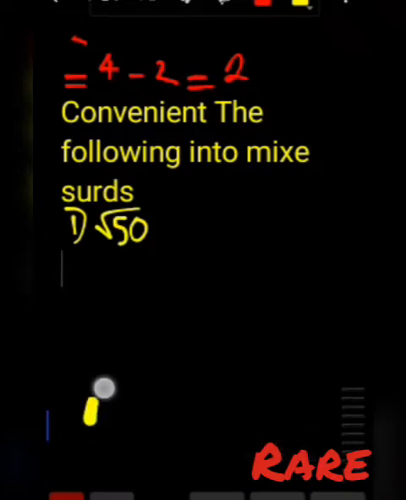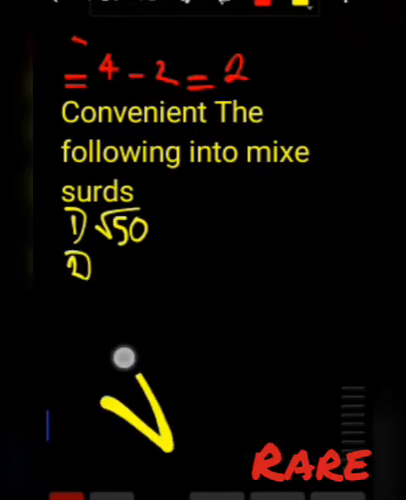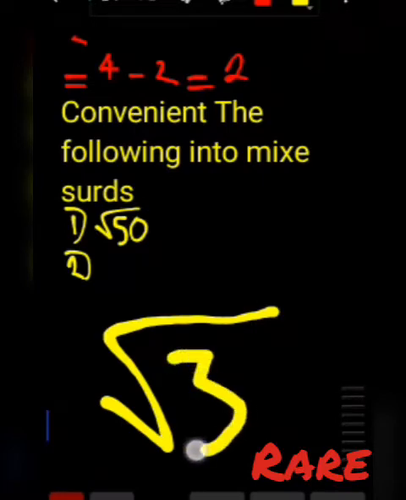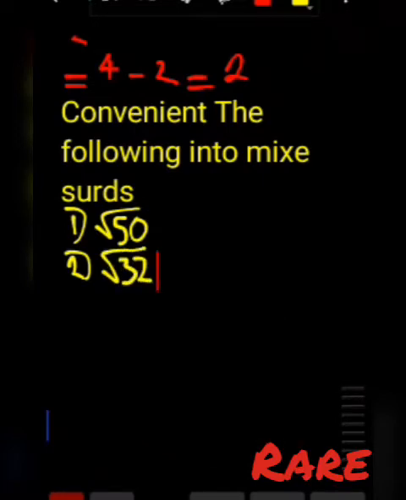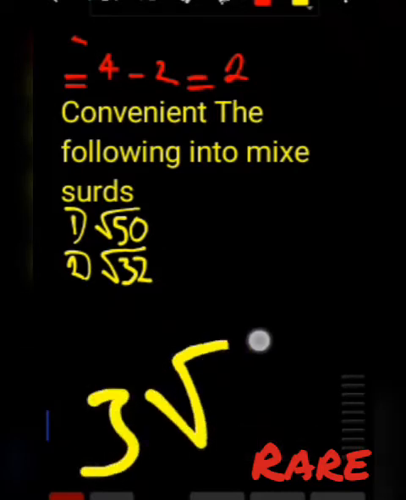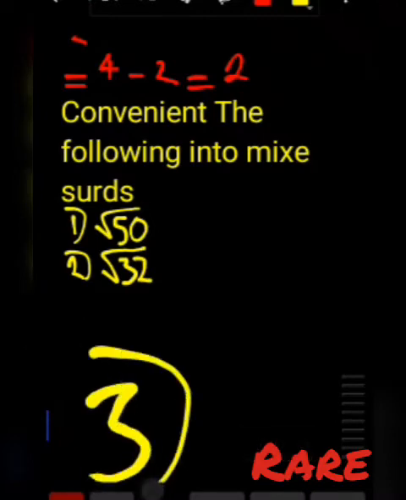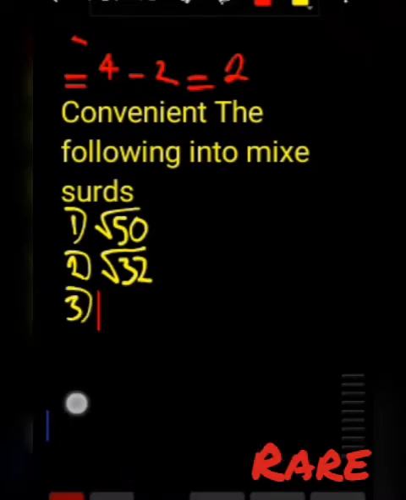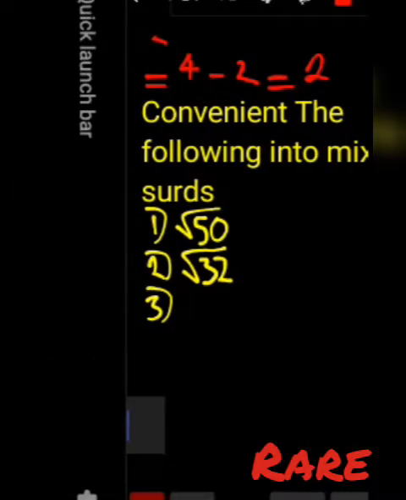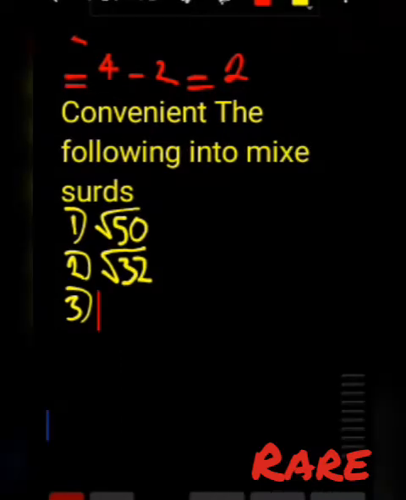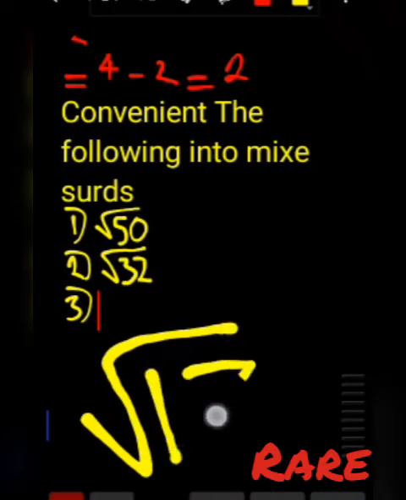Number 2, the root of 32. Number 3, the root of 18.